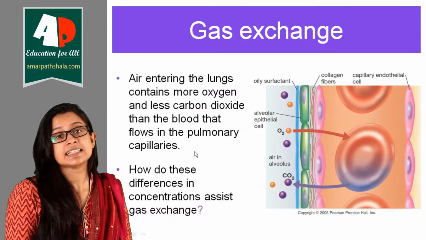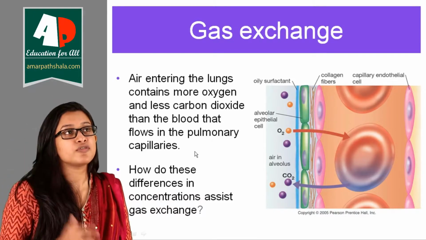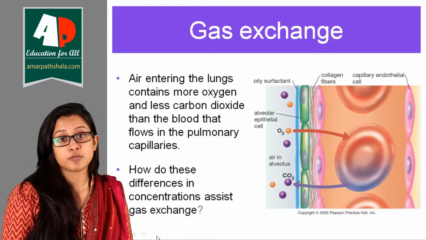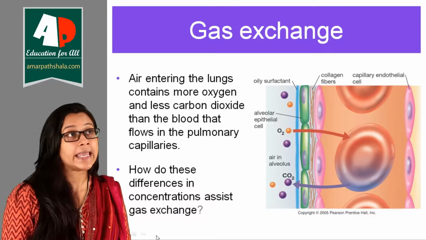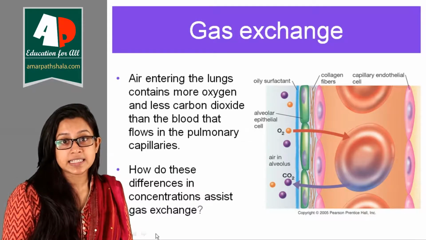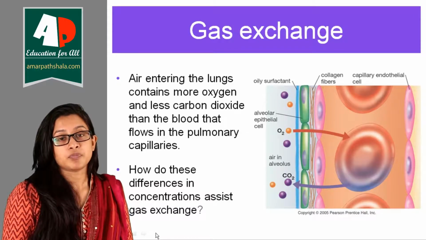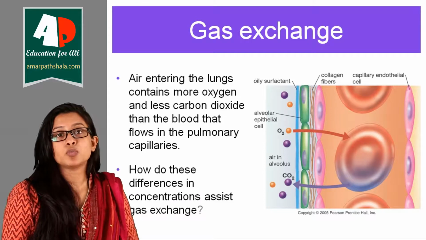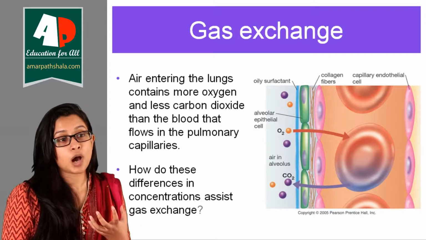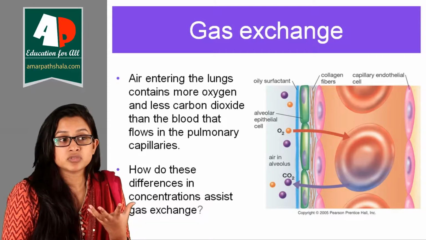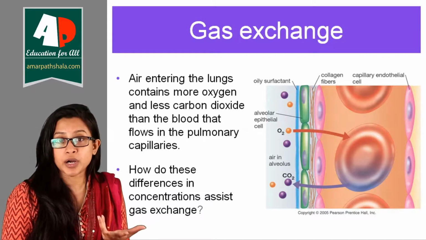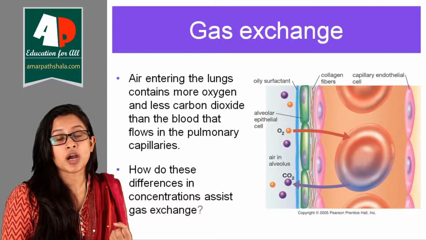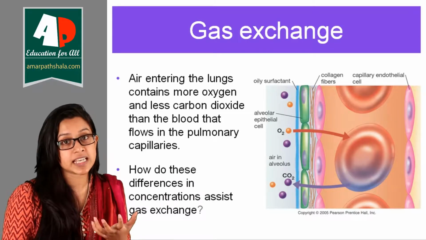Now, gas exchange. The exchange of gases is important because we need oxygen for our cellular respiration, i.e., if we have to break down the food that we digest and our cells absorb, we need something that is able to burn, and oxygen gas is the chief burning or decomposing agent.